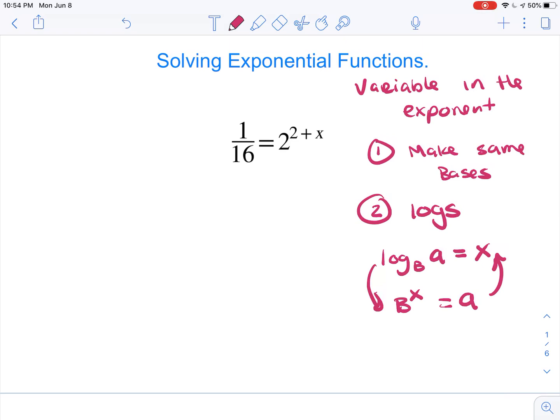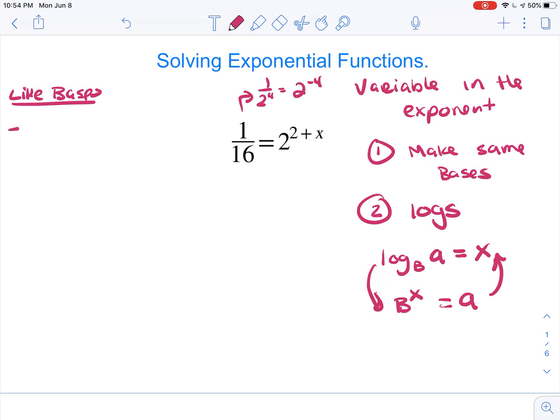So taking a look at this example, this one can actually be done in both methods. So I'm going to show you both methods. Like bases will be done in the following way. 16 is 2 to the 4th. Now, having a 16 in the denominator means that my exponent is going to be negative 4.